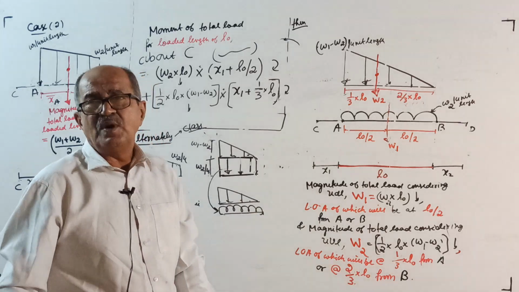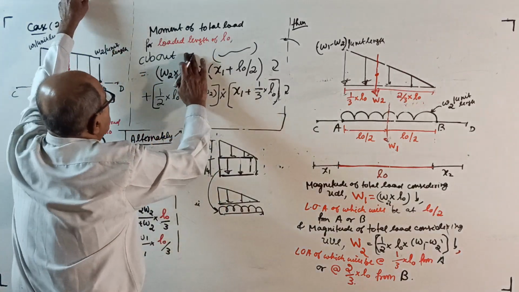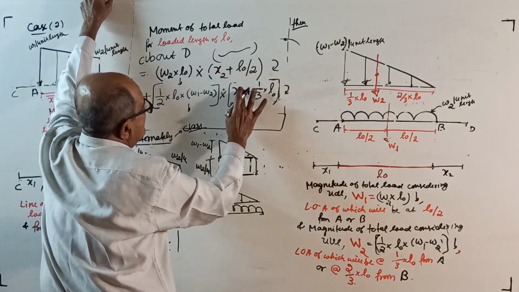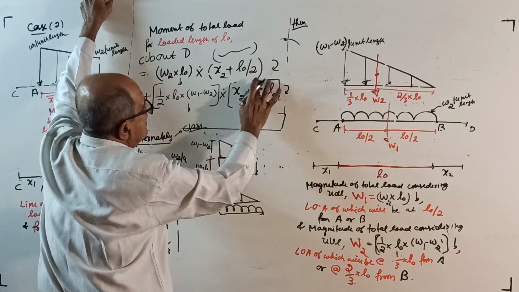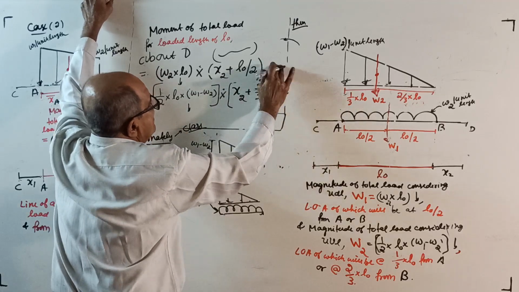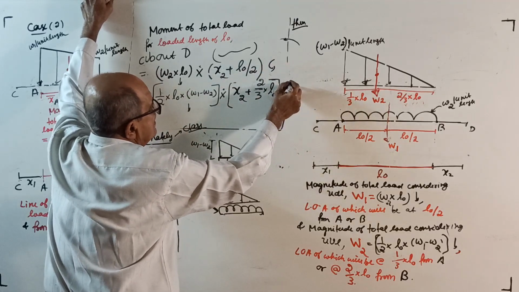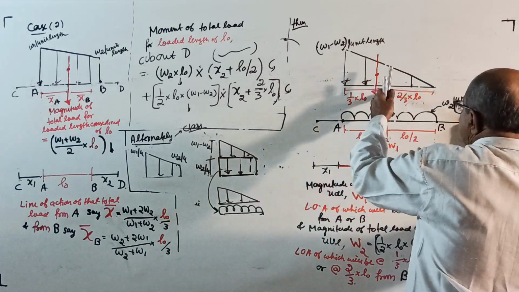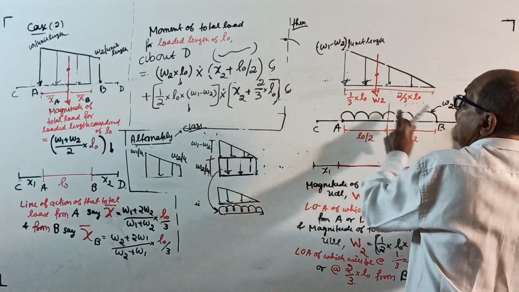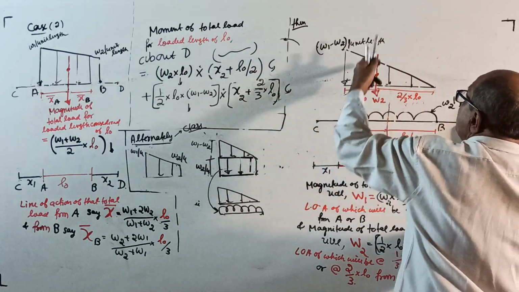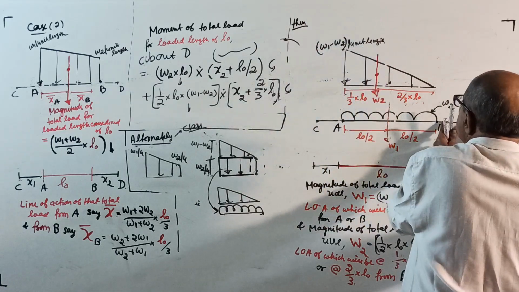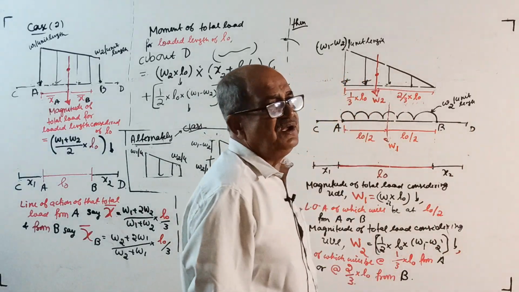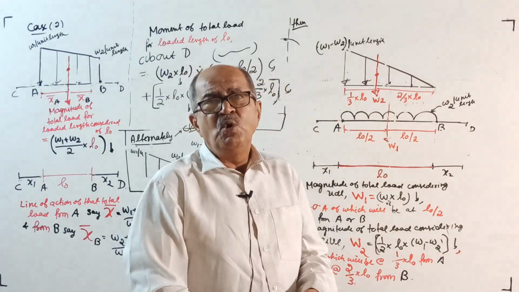Okay, this is also over. Lastly, moment about D. This load into x2 plus L naught by 2, anticlockwise. This load into x2 plus 2/3 of L naught, anticlockwise, over. With this, book work is over.